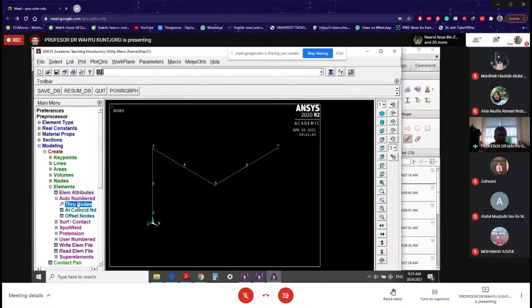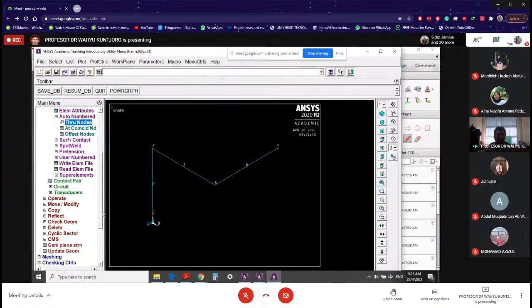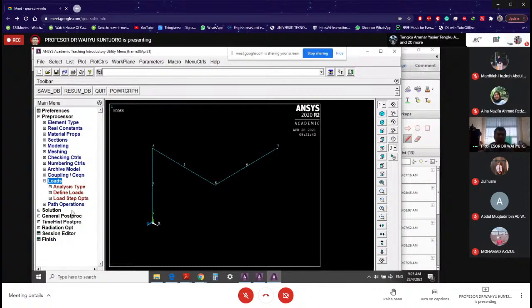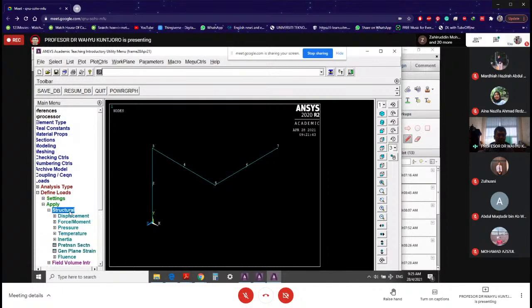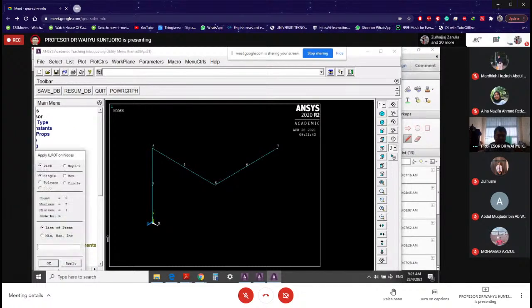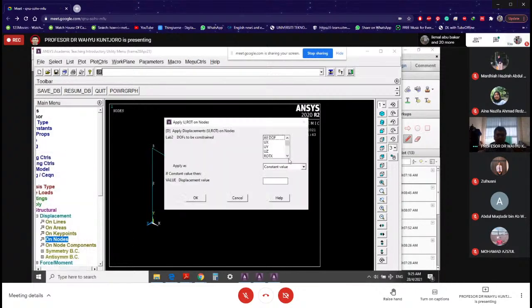We have done our meshing. What we need to do now is specify the boundary condition. For that, you have to go to loads. Define loads, apply structural displacement on nodes, this node. And then all degrees of freedom are 0.